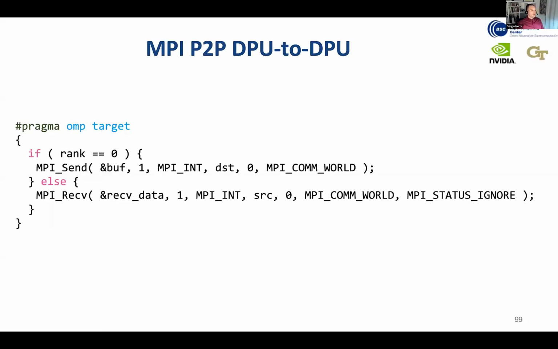The simplest example is a DPU to DPU point-to-point communication, in which we just offload the MPI send and receive, and we discriminate if rank 0 is running the send or rank 1 is doing the receive. Just as we would do host to host, but for DPU to DPU, we use the pragma omp target.